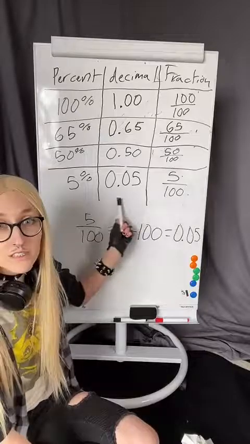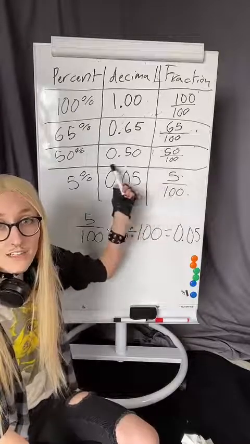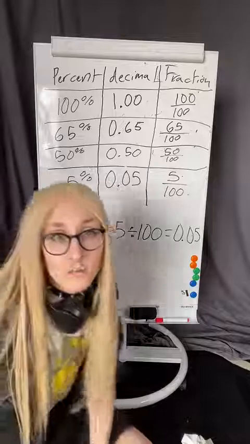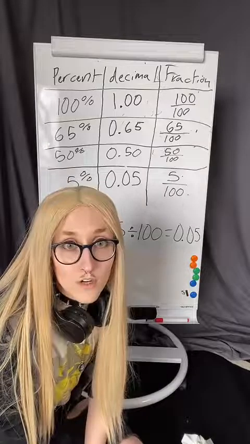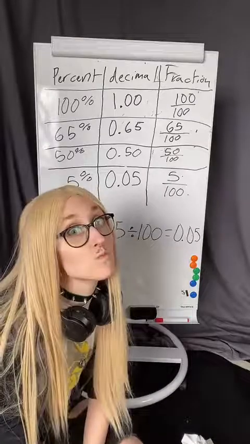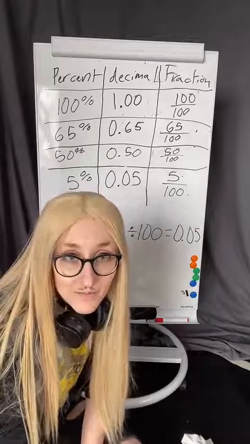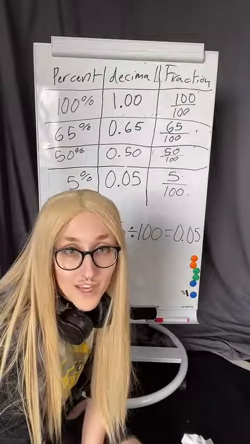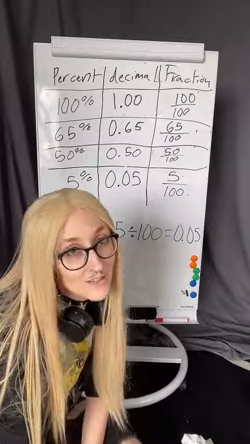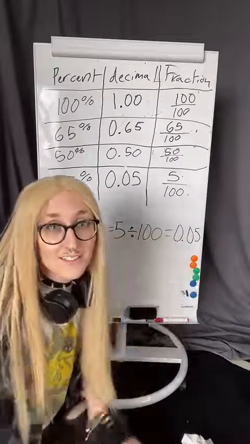It's really, really easy to see that connection, right? But not all fractions will be out of 100. So let's see how we can do them when we don't have 100 as our base, okay? Let's give it a try.